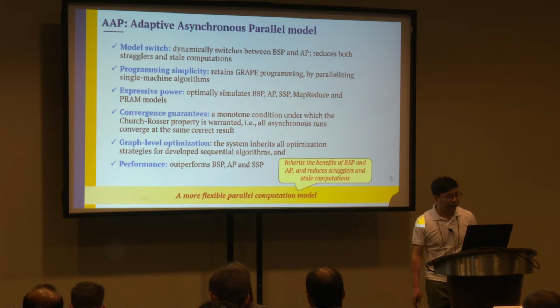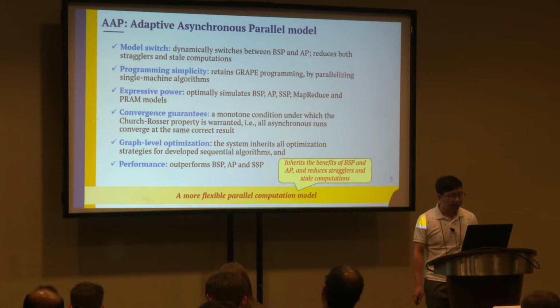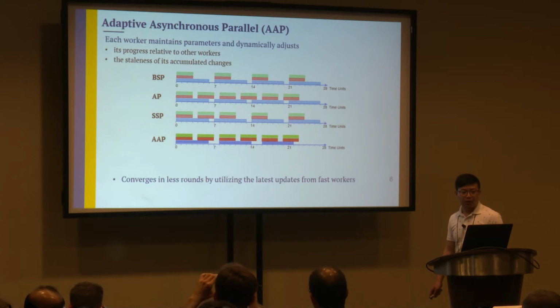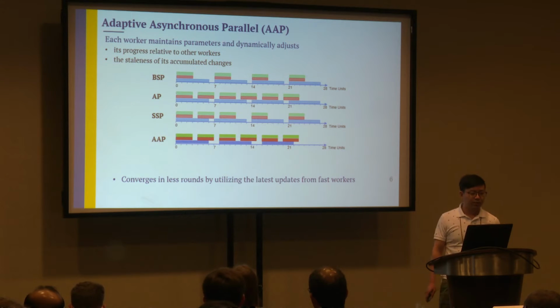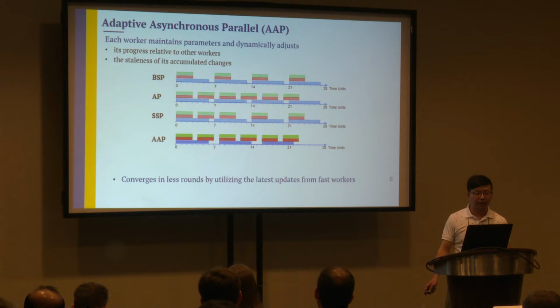So AAP is a more flexible parallel computation model. It inherits the benefits of BSP and AP and reduces stragglers and stale computations. First, let's see how AAP does better. Intuitively, in AAP, each worker maintains parameters and dynamically adjusts its progress relative to other workers and the staleness of its accumulated changes.